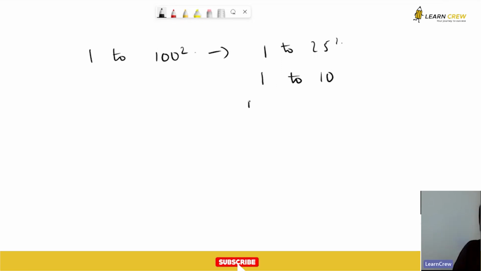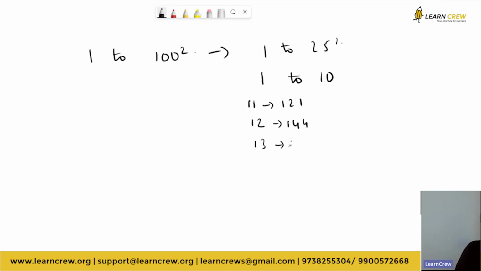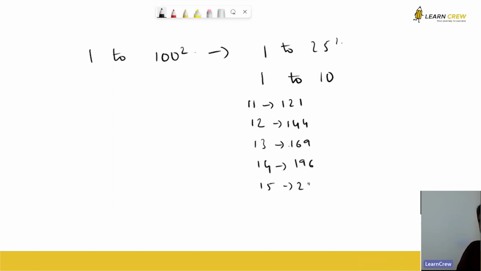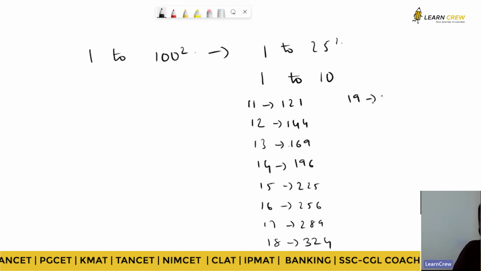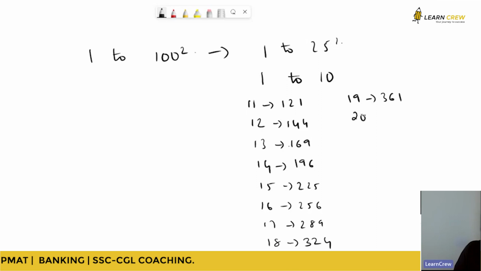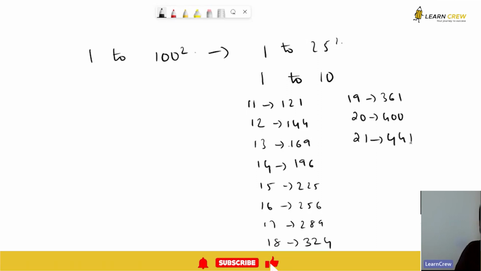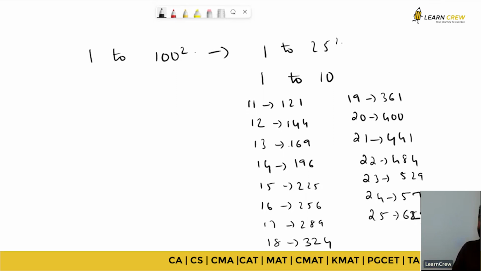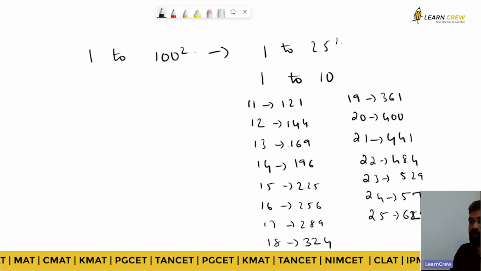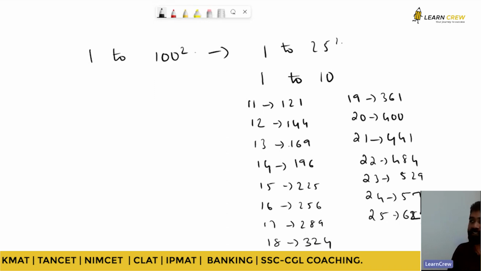Okay, what is 11 square? 12 square? 13? 14? 15? 16? 17? 18? 19? 361. 20? 21? 441. 22? 484. 23? 529. 24? 25? This is what you should know. From 1 to 25 squares, you should be aware. After that, everything you can find out.